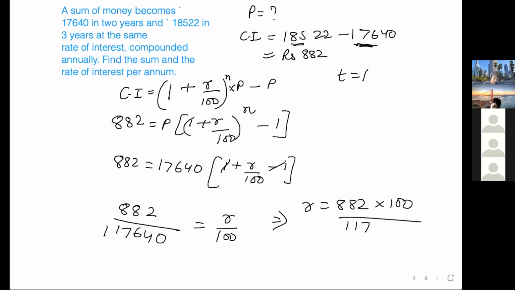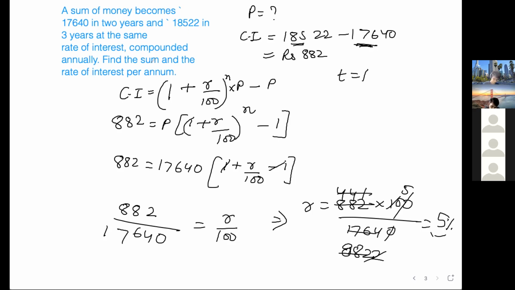एक मिनट, check the question, 17640. 10 से 10 cancel, 2 से will cancel out, 2 9s are 18, 2 8s are 16, 2 8s are 16, 2 2s are 4, और ये हो गया 2 4s are 8, 2 4s are 8, 2 1s are 2, you can see 441 2s are हो जाएगा, okay, and 2 5s are 10, so rate we got 5%, okay.